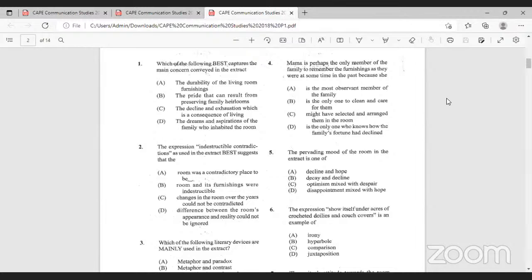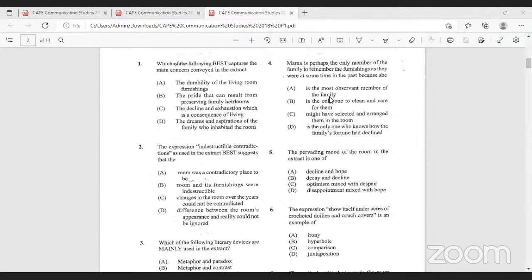Number 5: the pervading mood of the room in the extract is one of what? Decline and hope, decay and decline, optimism mixed with despair, or disappointment mixed with despair. Prevailing means the overwhelming mood.